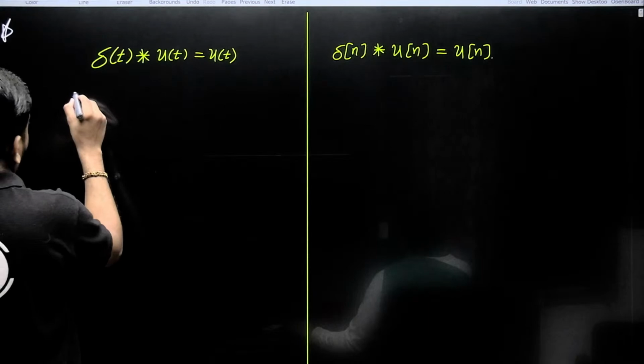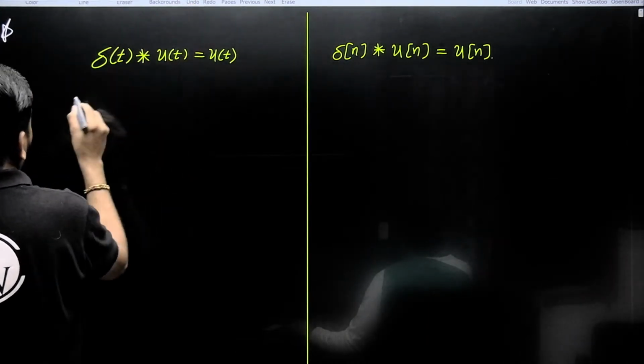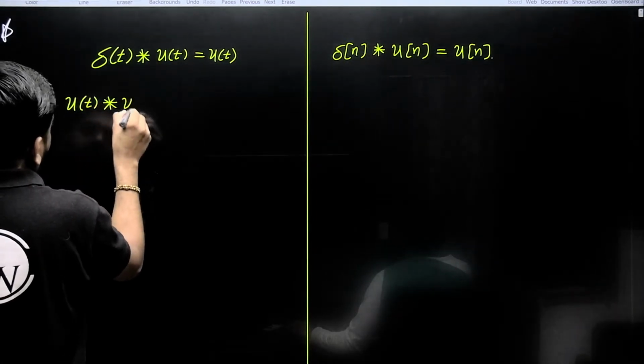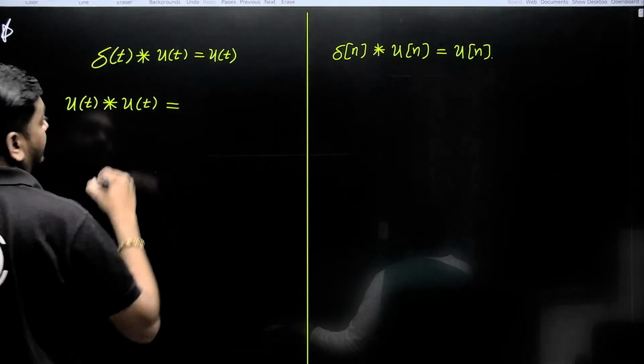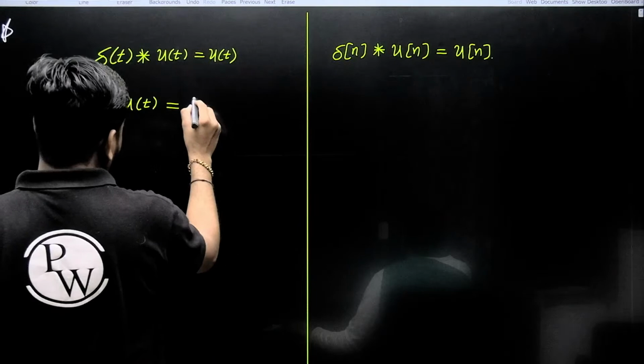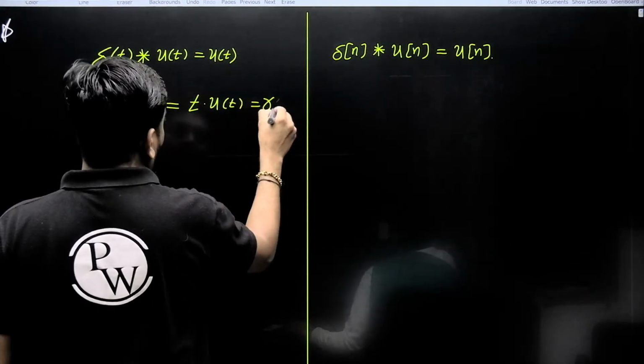Now u of t convolution with u of t is nothing but r of t, that is t into u of t.